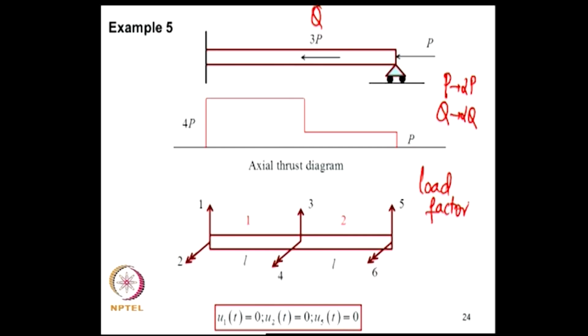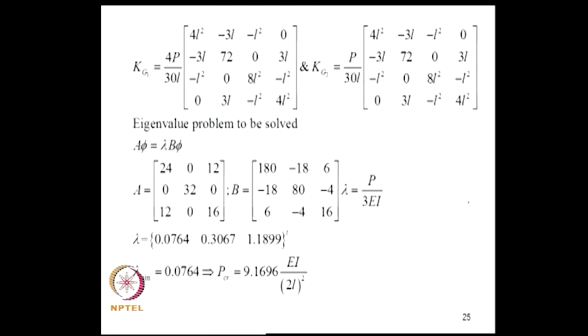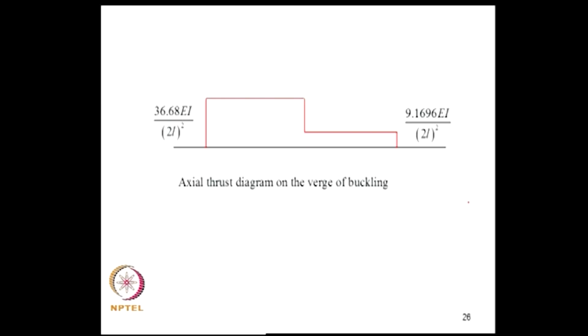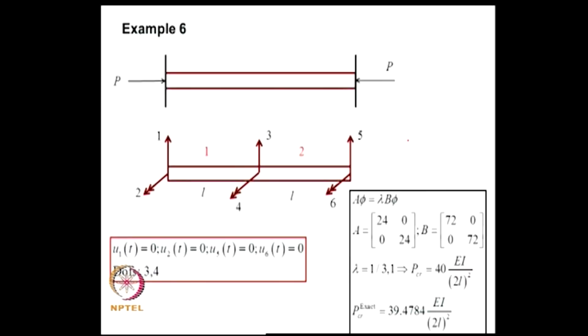The question we ask is, how far should alpha be increased before the structure reaches a critical state. This example is illustrative of the procedure we will follow. Now, this is the axial thrust diagram of the structure when it is on the verge of buckling. So, this is the critical loading condition as far as axial loads are concerned.